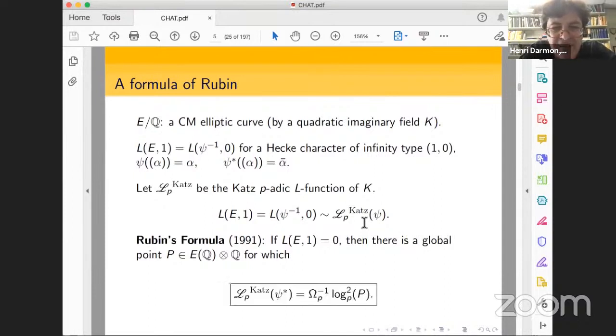And it says that there's a global point in the Mordell-Weil group of this elliptic curve, maybe tensor with Q, such that the value of this L function at psi star is the square of the p-adic formal group logarithm of this point, times a suitable p-adic period.